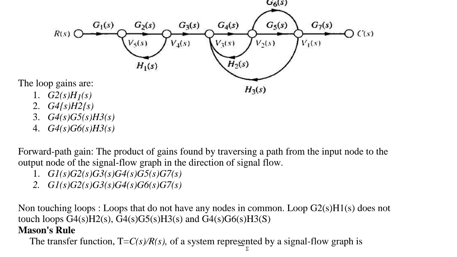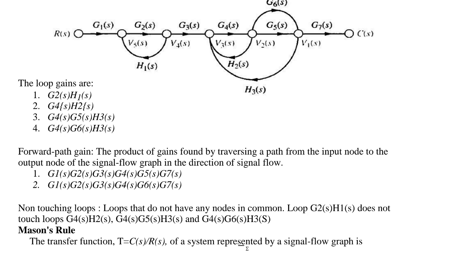The next thing is the forward path. To find the forward path, you need to find how many ways there are from the starting node to the end node. Now see here, from R of s to C of s, what are the paths available to the destination node?